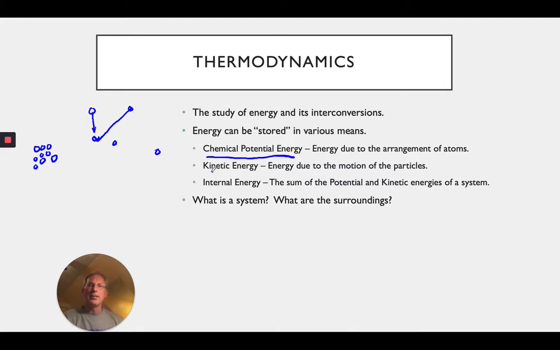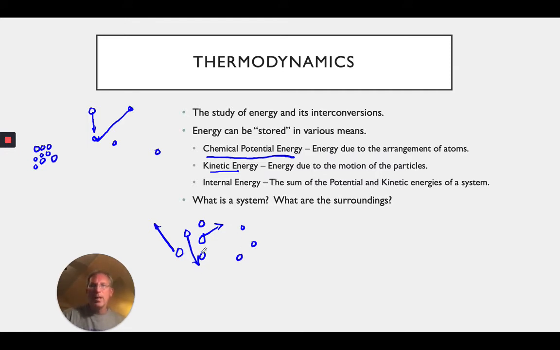Kinetic energy is another way that atoms can store energy. They store it in their motion. So let's say we have some particles here that are flying around. They're moving super fast in all directions randomly. And then over here, let's say we have another set of atoms that are hardly doing anything. They're just sitting around.